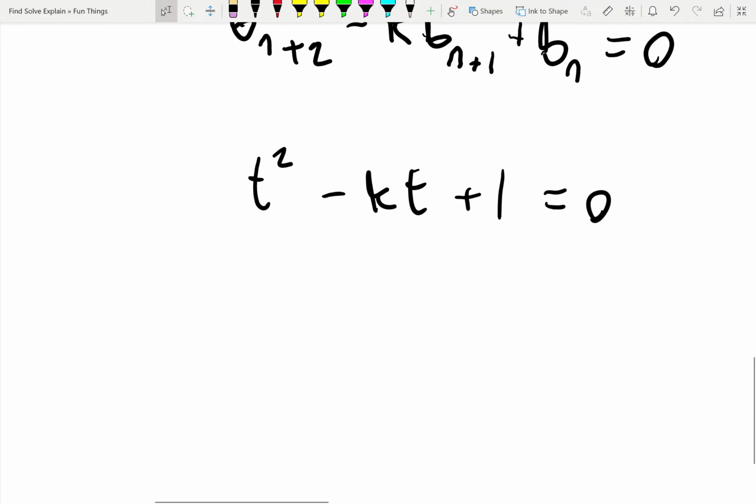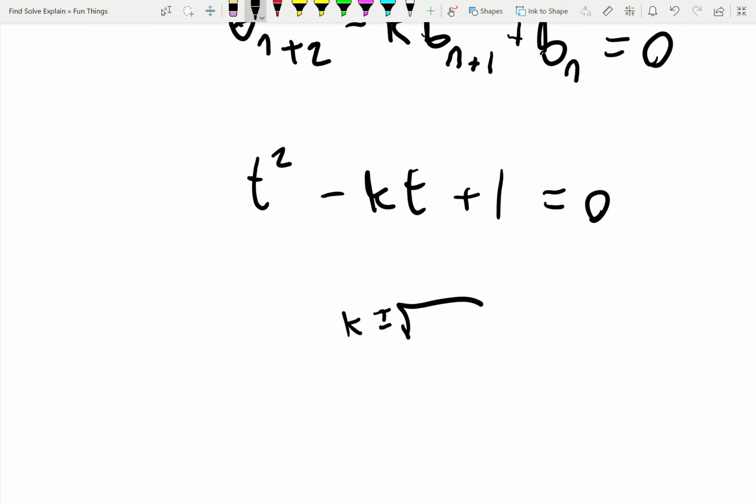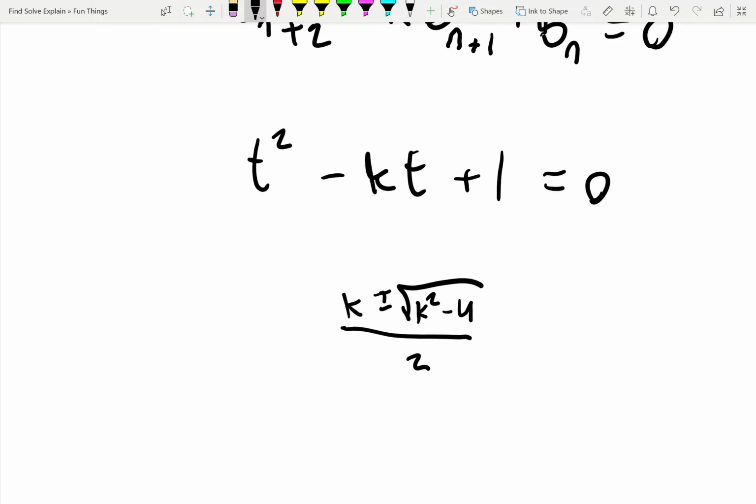The solutions to this, simply using the quadratic formula, are k plus or minus the square root of k squared minus 4, all over 2.